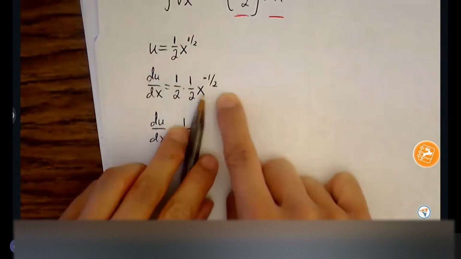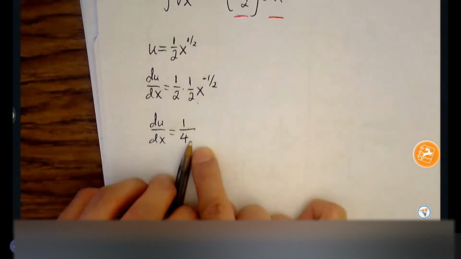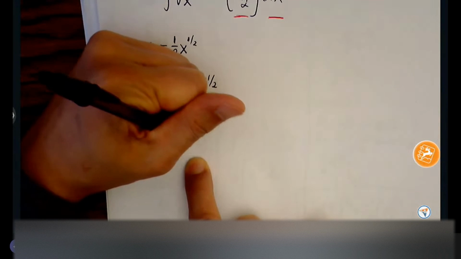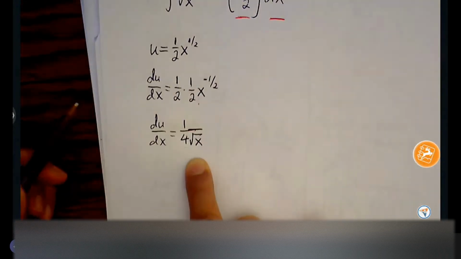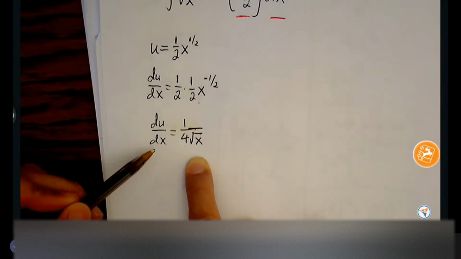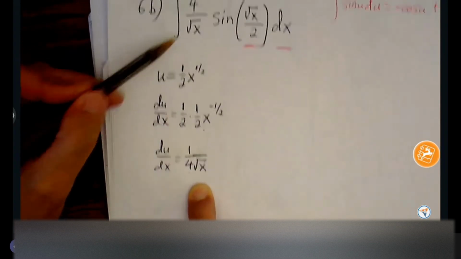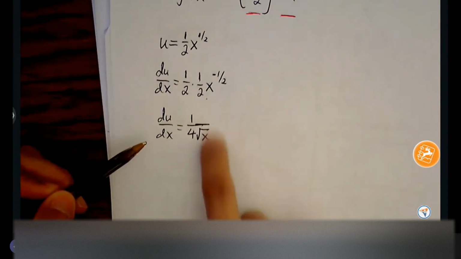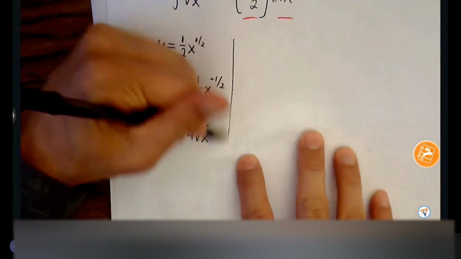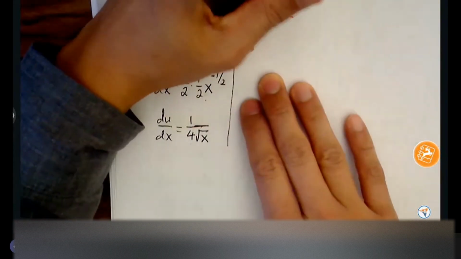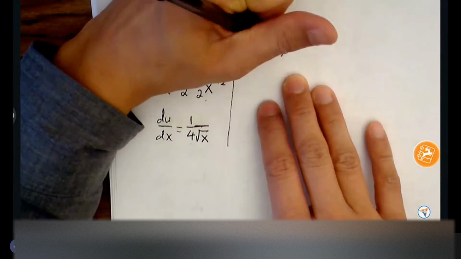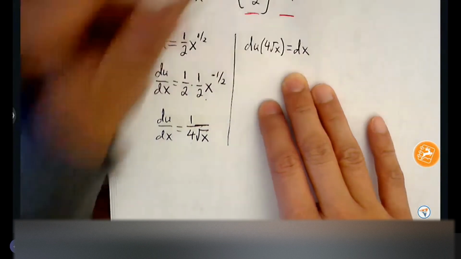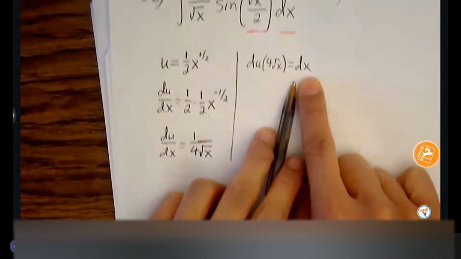This x to negative 1/2, I'm going to push it back down to the denominator, and I'll convert it back to square root of x, but you don't have to. But there's square root of x here, so maybe it'd be easier to match. Cross multiply. And no need to move anything over. Our dx is already by itself.